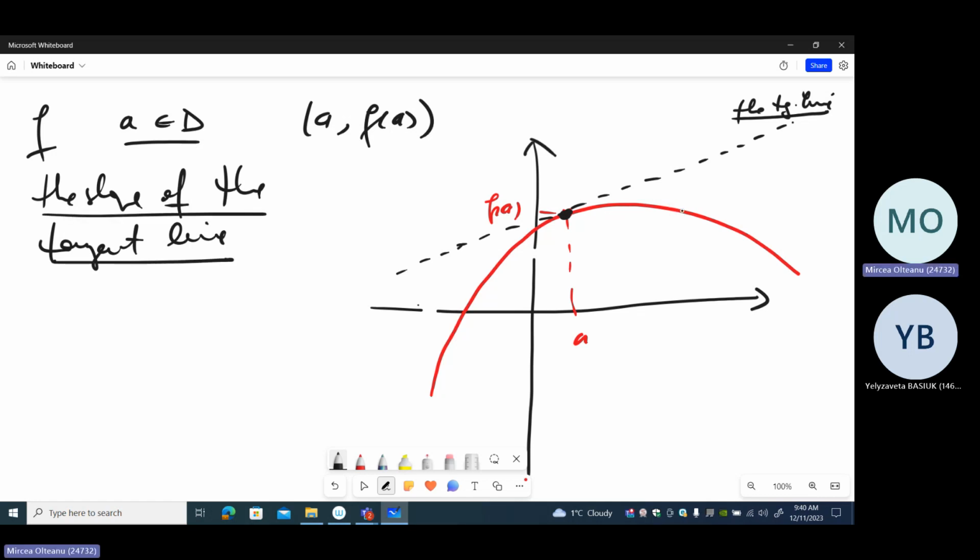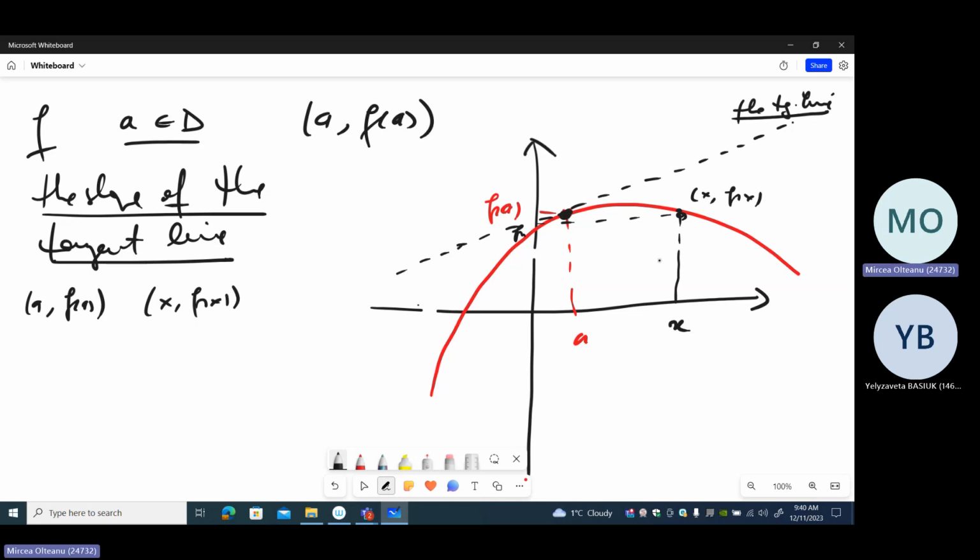And the method is like this. Let's take another point on the graph of the function of coordinates x and f of x. And now let's consider the following 2 points: a, f of a, and x, f of x.